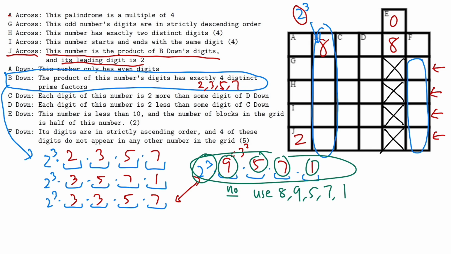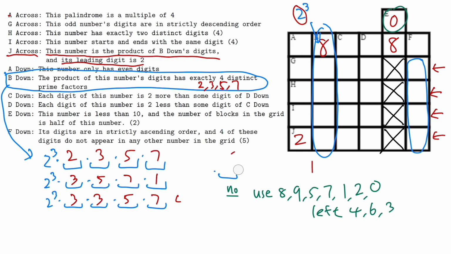So these are 5 digits already, but don't forget we still have this 2 right here, and then this 0 here. That will give us 4, 6, and 3 left to fill in these 4 spots, which is not possible. So not that. All right, so I'm going to get rid of that. That seems pretty nice.